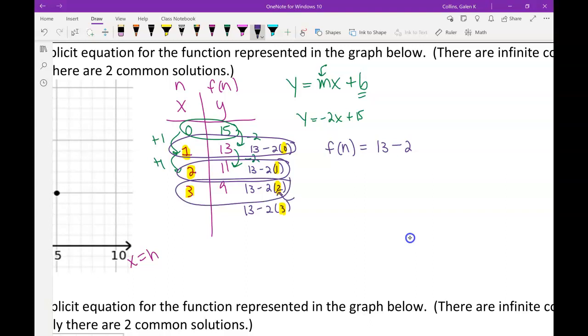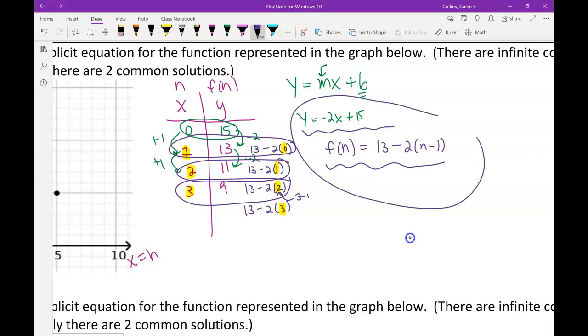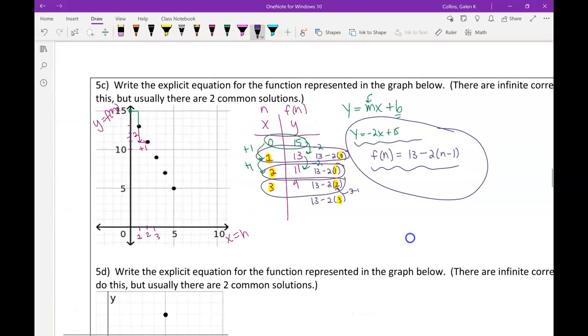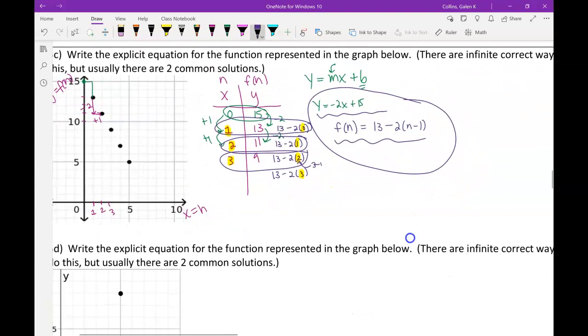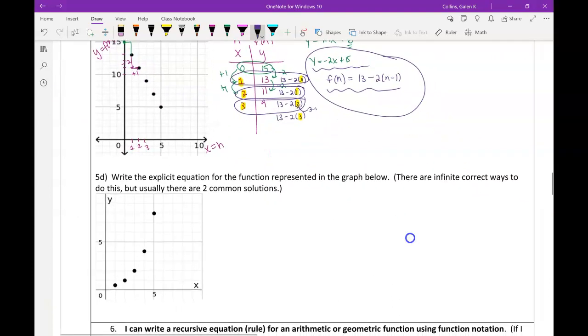So that number in parentheses is 1 less than what n is. So that's why I'm going to put n minus 1. Generally, that's how we could get to our explicit. I know these look very different, but they really are the same. Different notation, different ways of thinking about it, same.